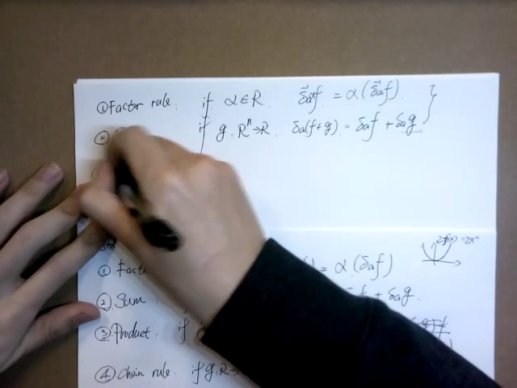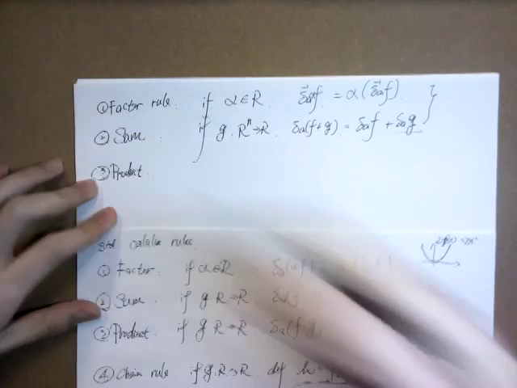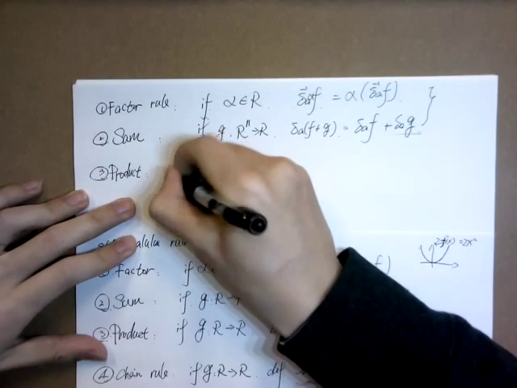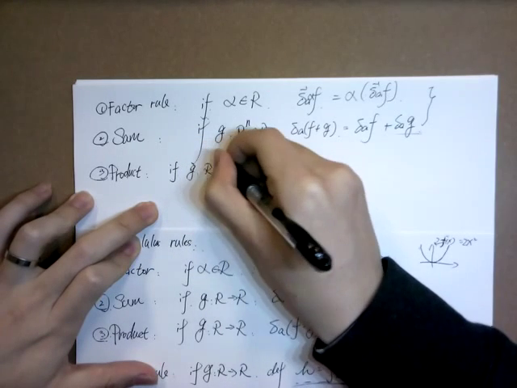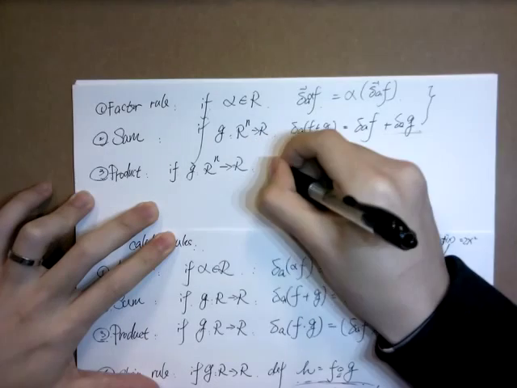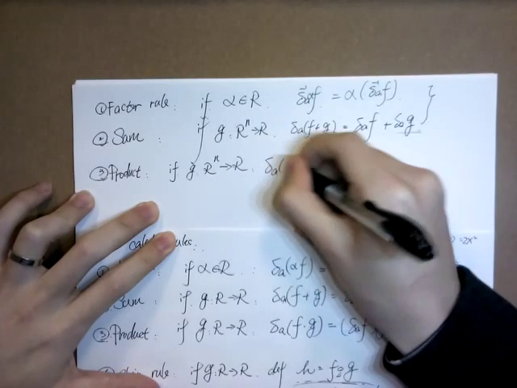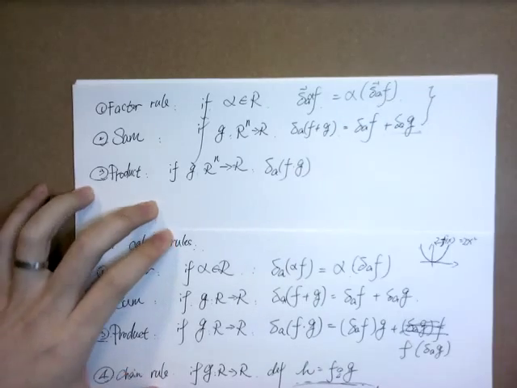And the third one is the product rule. Now it becomes a little bit more complicated. Still, if I have a g, a map from Rn to R, then what is the total derivative near point f multiplied by g?